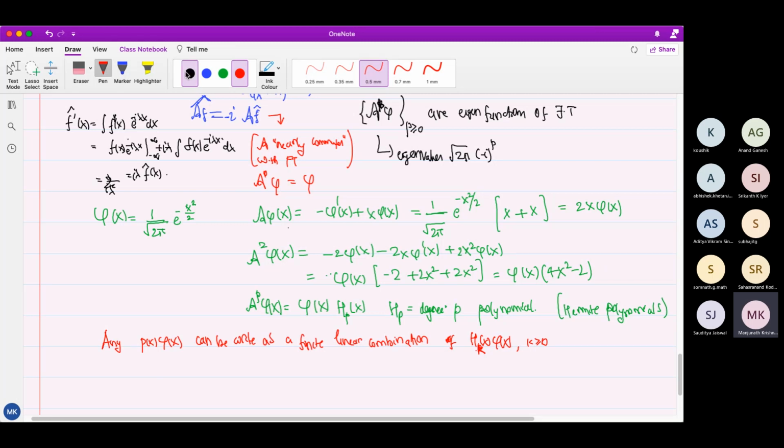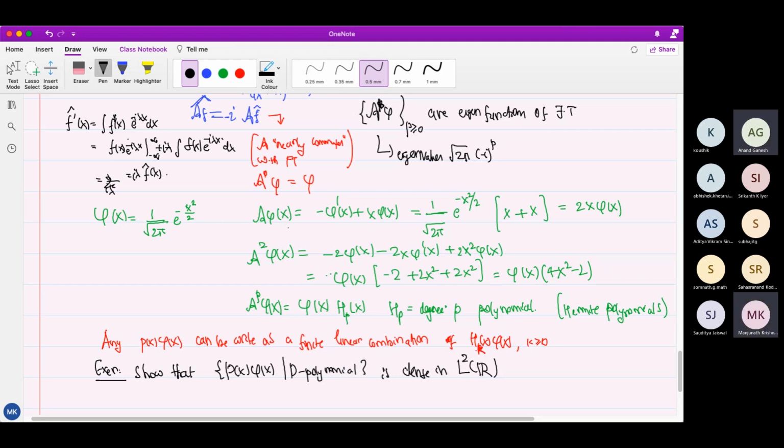So the claim, let me leave it maybe as an exercise, is that this is dense in L2 of R. So every L2 function can be approximated by these polynomials times Gaussian.